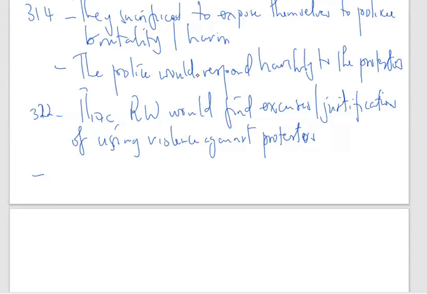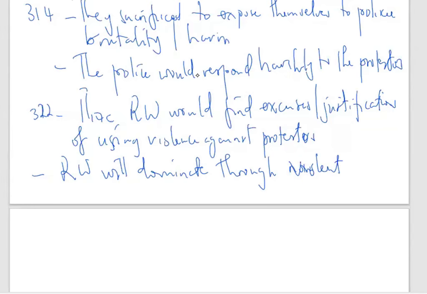And also, it will imply that the right wing will dominate through violent attacks on protesters.